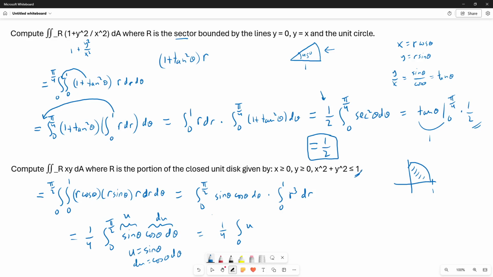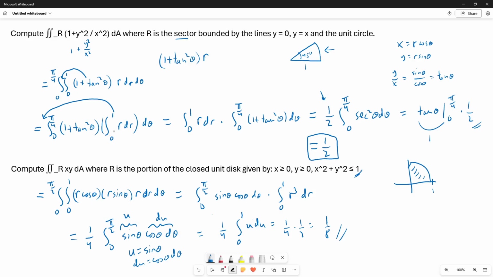And when theta is pi over 2, u is the sine of pi over 2, which is 1. And the integral of u du is u squared over 2. When we plug in 0 and 1, we get 1/2. So we get 1/4 times 1/2, which is 1/8.